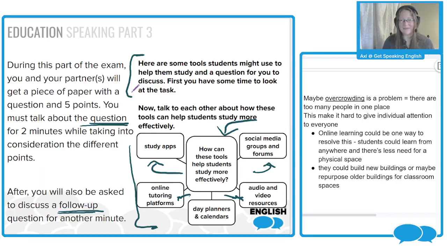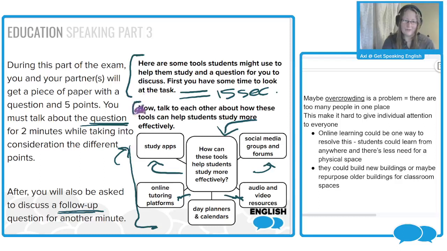First, you'll have about 15 seconds to read everything on here. Maybe think of your points, but 15 seconds is not a lot, right? So it's really just so you can read the information on the page and have a general idea about what you're going to talk about.